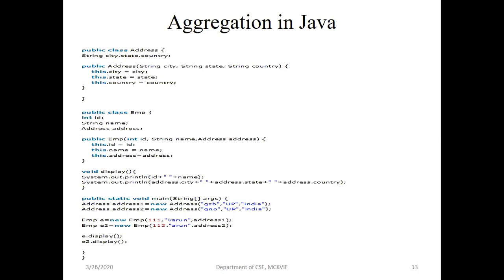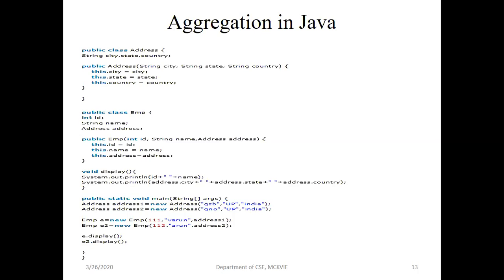So to remove ambiguity, we have to use the keyword this, that I discussed earlier when I discussed the topic of the this keyword. So this.city equal to city, this.state equal to state, this.country equal to country. That is the part of the Address constructor. So the class definition Address is over.